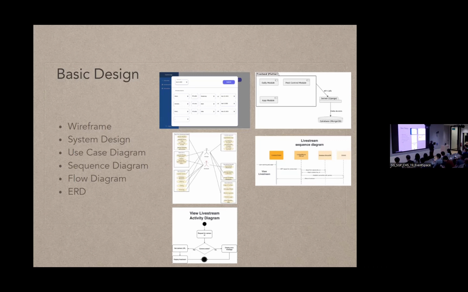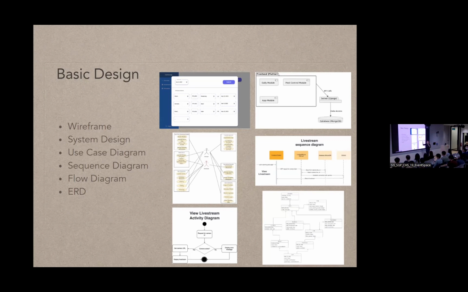And then, of course, we have the all-important ERD. ERD stands for Entity Relationship Diagram. Basically, we are talking about your data model, right? Having a data model, you can very quickly tell what sort of data would be required, how this data will work in the sequence diagram, where it falls, which module would use which tables.